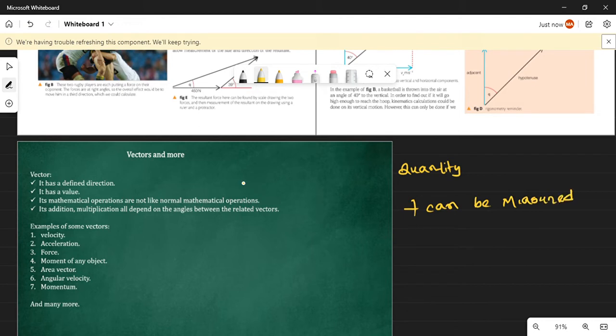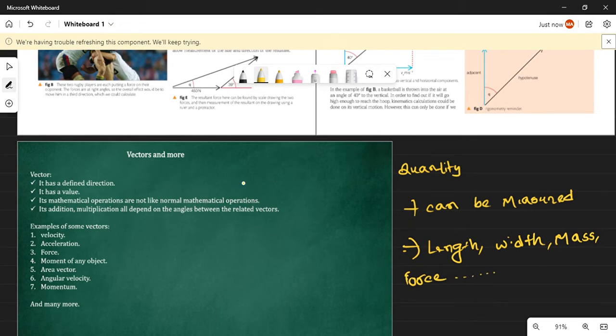It's like length, width, mass, force, etc. We can measure it, something like that.